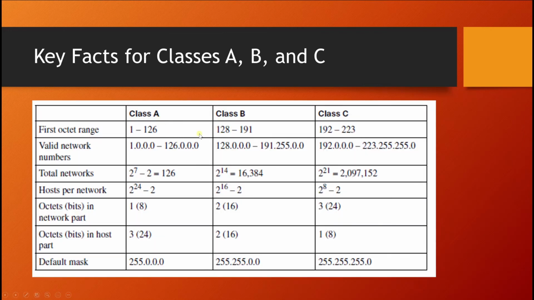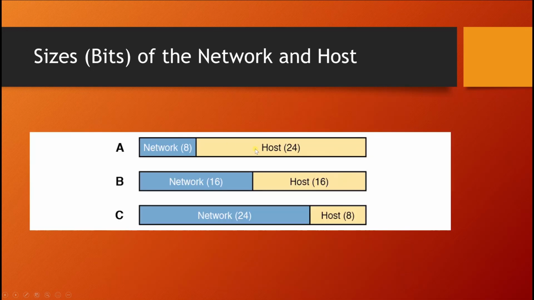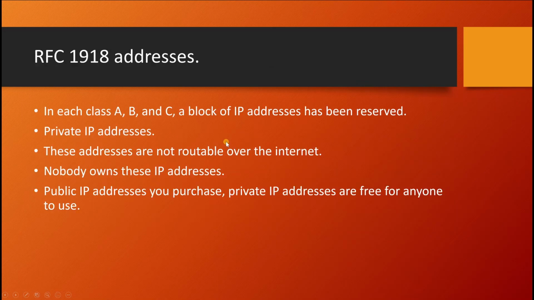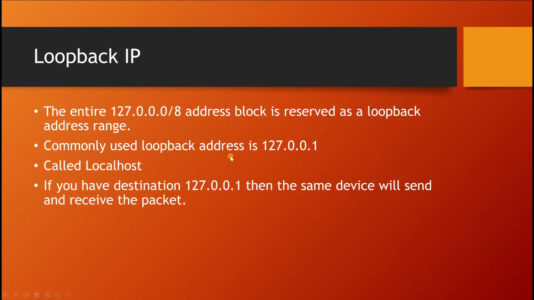Each class has a different range of IPs, hosts, and networks, and we covered how many networks and hosts are available in each. Out of the 32 bits, we saw how they are divided into network and host, the private IP address ranges, and finally loopback.